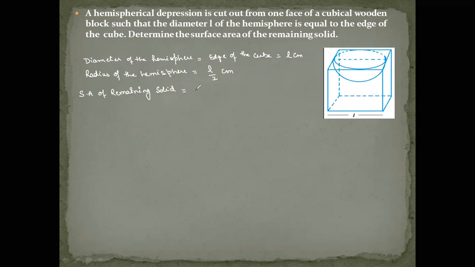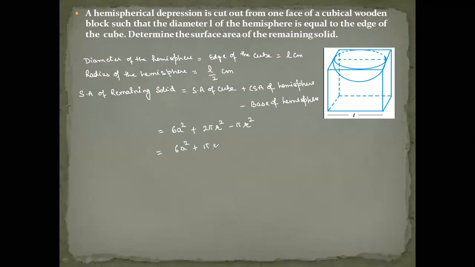and that is equal to surface area of cube plus curved surface area of hemisphere, or we can say minus base of hemisphere. So surface area of cube is 6a square plus 2 pi r square minus pi r square, or we can write 6a square plus pi r square.